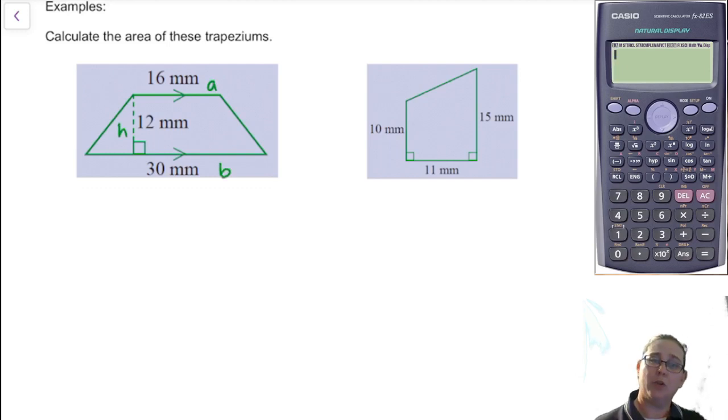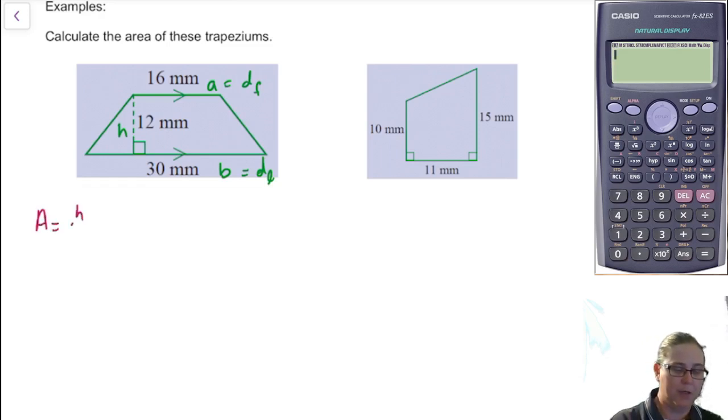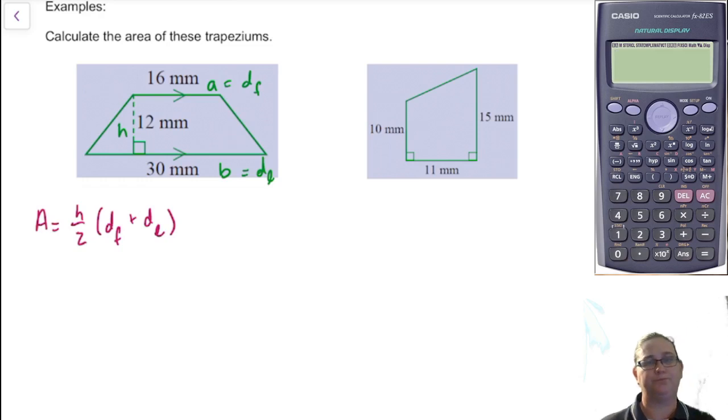Now, in terms of the trapezoidal rule, we're going to change a and b to DF, our first distance, and DL for our last distance. It's going to work pretty much the same way. So we have area equals h on 2 times (DF plus DL).